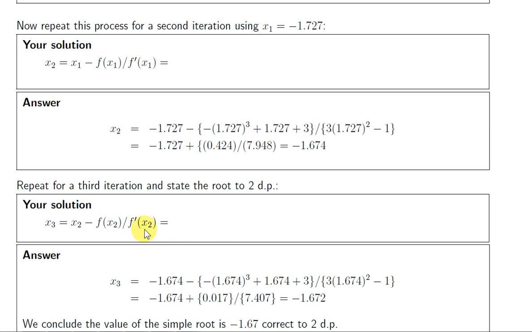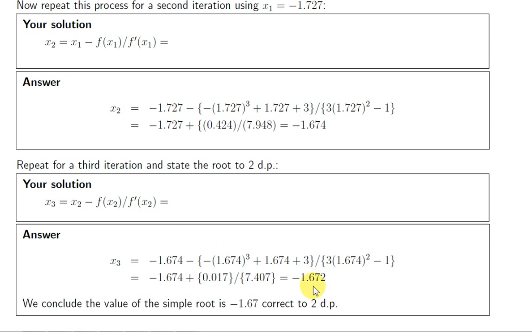This is our third iteration, and notice that when we do a third iteration, we get -1.672. So the first two decimal places haven't changed for the third iteration. So we expect that for more iterations, the first two decimal places will remain 0.67, so we won't see any change there. So we know that our answer to two decimal places must be -1.67.